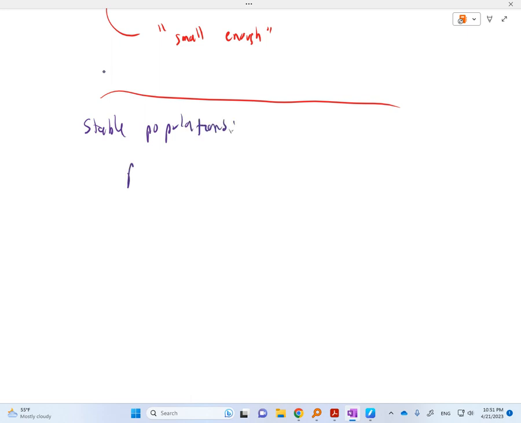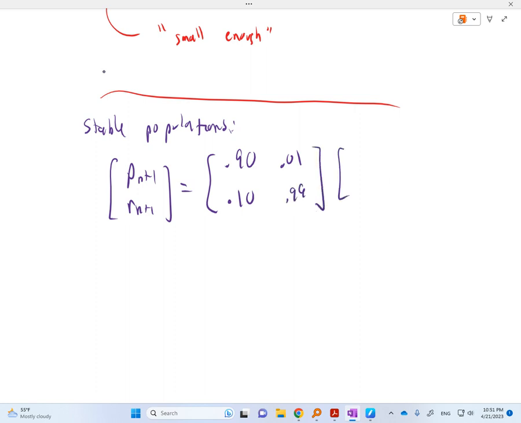So this one is going to be population. P_{n+1}, R_{n+1} is equal to, we remember that 0.9 stayed in and 0.1 went out. The columns add to 1, it's a stochastic matrix. 0.01 go back, 0.99 stay outside, and then this was P_n, R_n. If the sum of these two doesn't change, if I start with 1,000 animals, I'll have to end with 1,000 total animals.